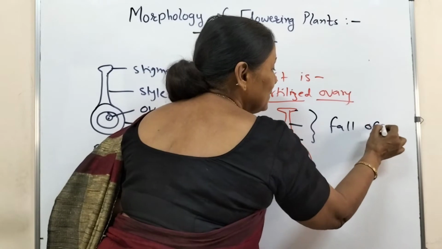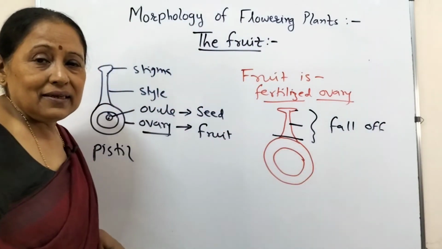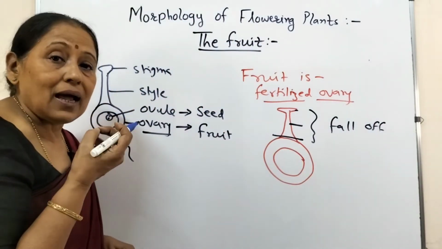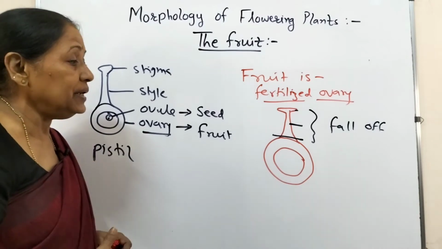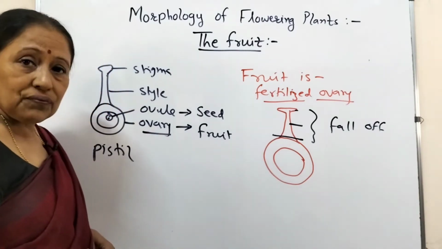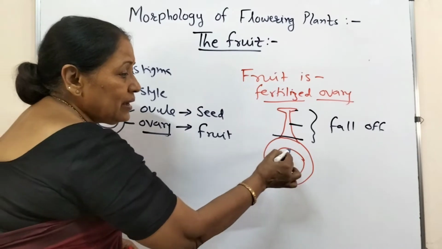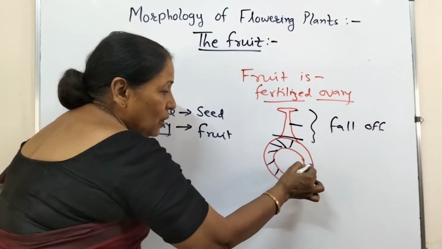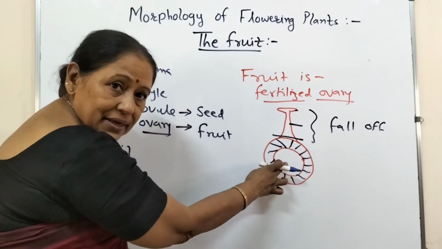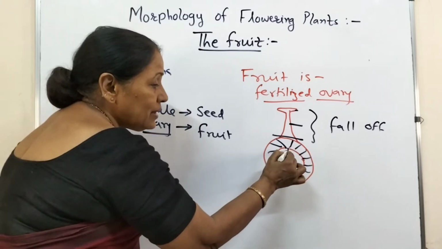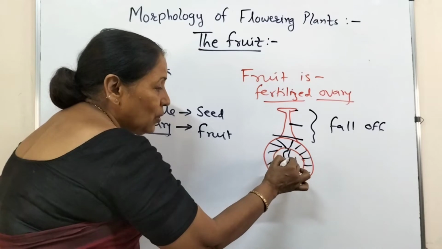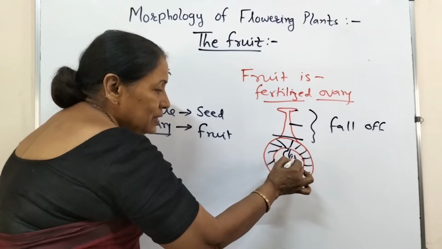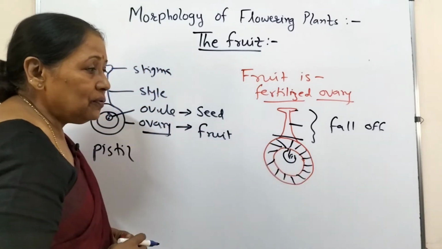When they fall off, what is remaining? Your fruit. Style and stigma were on top of that fruit, which have fallen off, and now there is only this fruit, which is having this wall, the wall of the ovary. Inside there is this cavity, and in the cavity is hanging the ovule. There may be one or many ovules.